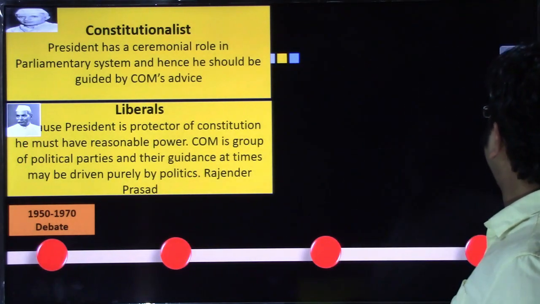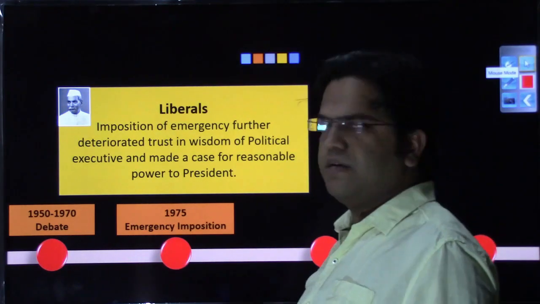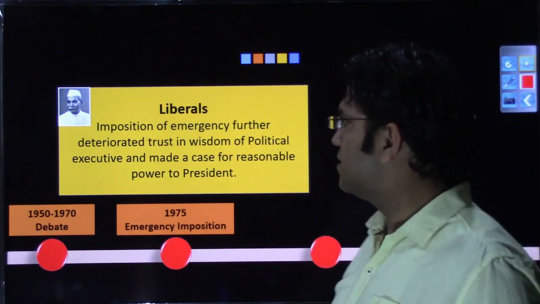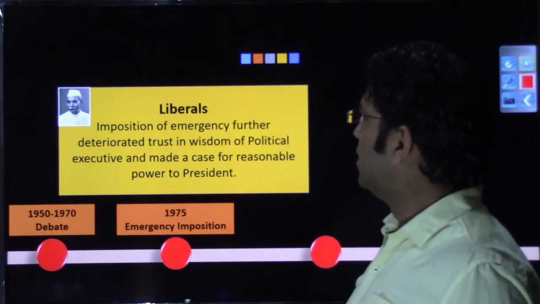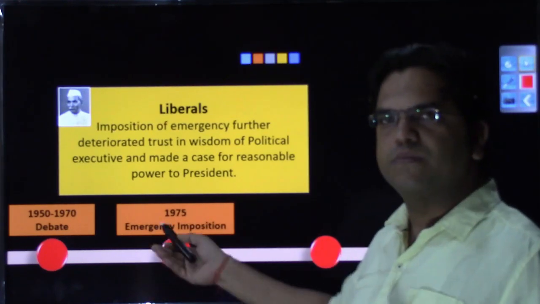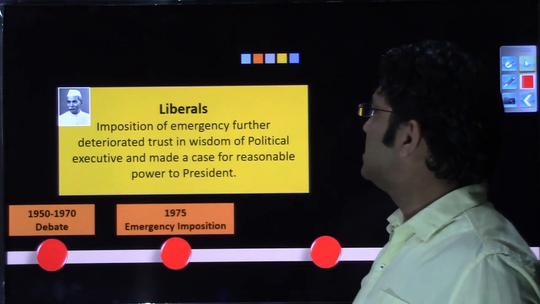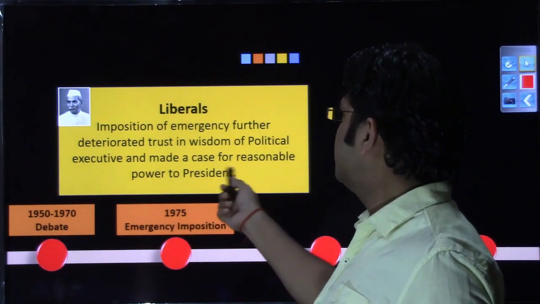In 1975, if you see, you had the imposition of Emergency by Indira Madam, and the liberals again perpetuated this idea that I was telling you people, that, brother, you cannot trust the political wisdom route. Let us see what this Council of Ministers has done, right. So the imposition of Emergency further deteriorated the trust in the political wisdom of the Council of Ministers.